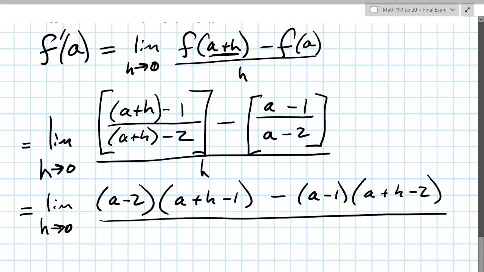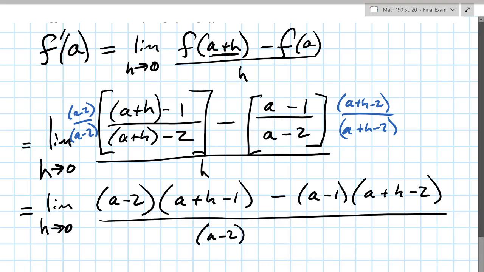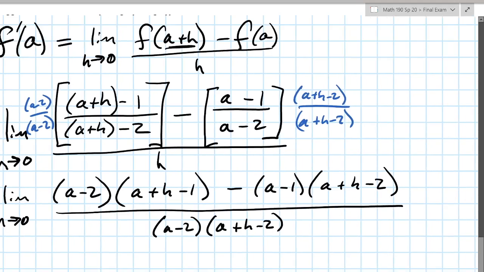Since I multiplied the top left part by a minus 2 over a minus 2, and the top right by a plus h minus 2 over a plus h minus 2, I now have a common denominator of a minus 2 times a plus h minus 2. Now remember, all of this is still divided by h, so I'm going to just write it out here, divided by h.